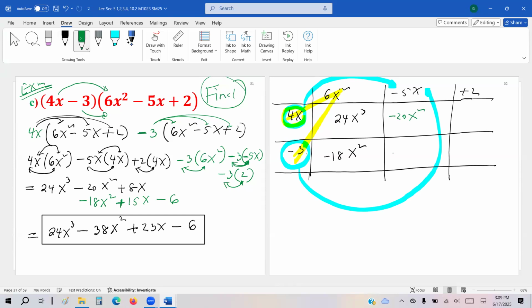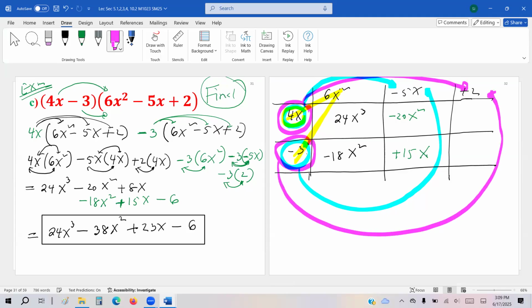Negative 3 times negative 5 is positive 15, and there's only one variable x. Lastly, you go to the next box. So 4x with 2, and this negative 3 with the 2. 4x times 2 is 8x. Negative 3 times 2 is negative 6.